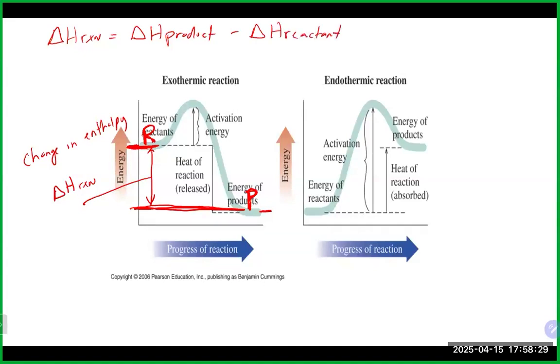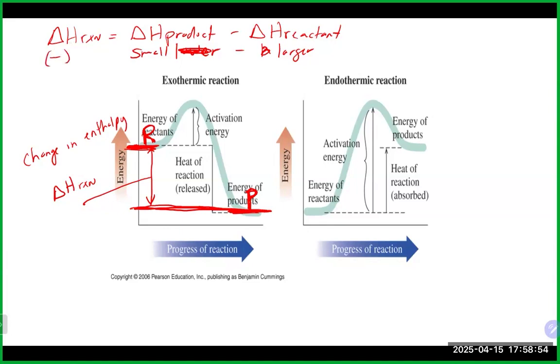And if we look at this situation here, my products are lower in energy than my reactants, which are higher in energy. So that's a small number minus a large number, right? That will get you a negative value.